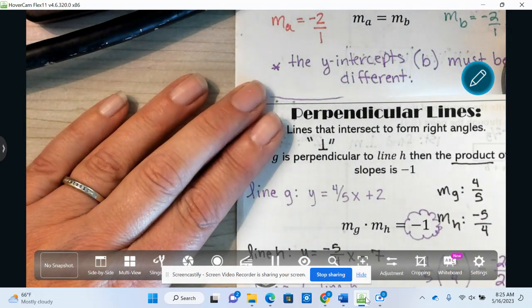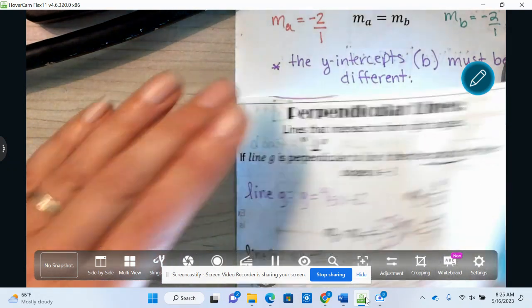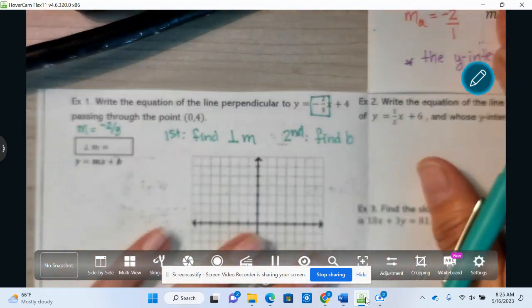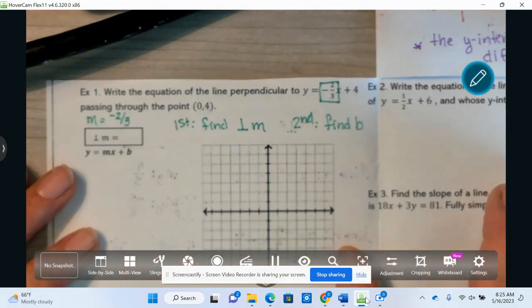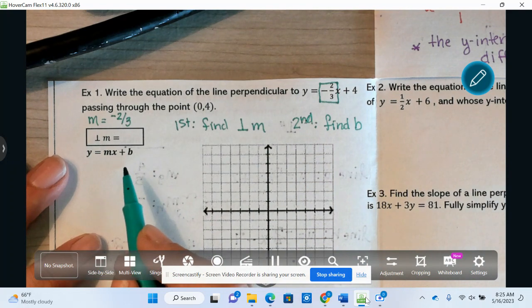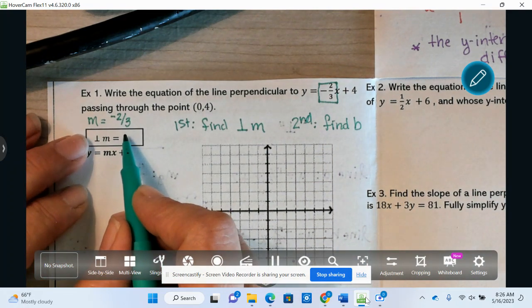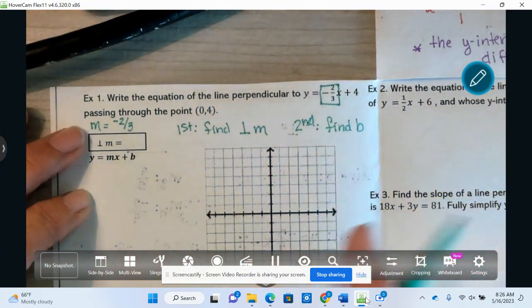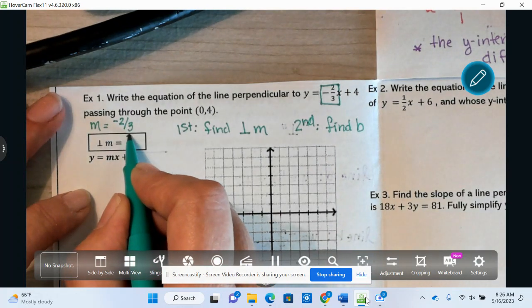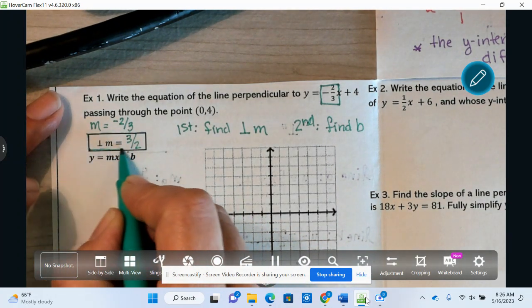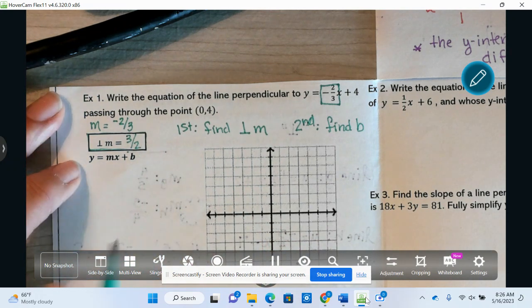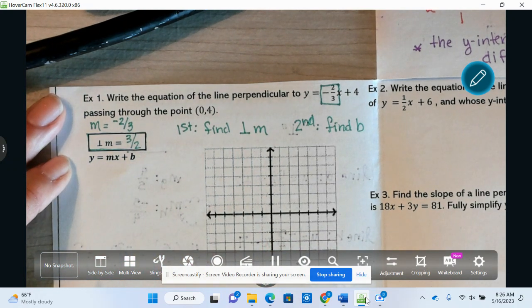What is that called when we flip the fraction upside down? Yeah, they're reciprocals of each other, right? So what is the opposite of a negative? A positive. And what is the reciprocal of 2/3? So my perpendicular slope, the slope that I'm going to use for the perpendicular equation, has to be 3/2. Okay, it has to be 3/2.